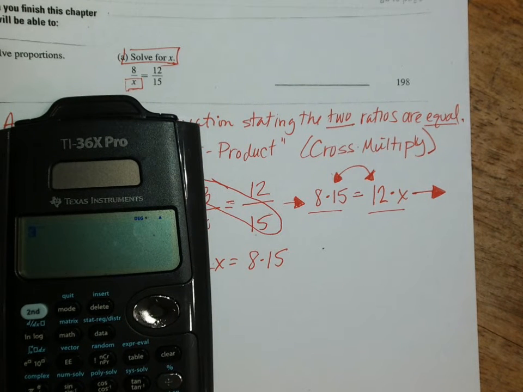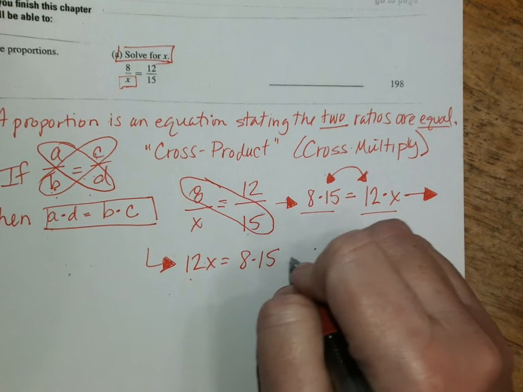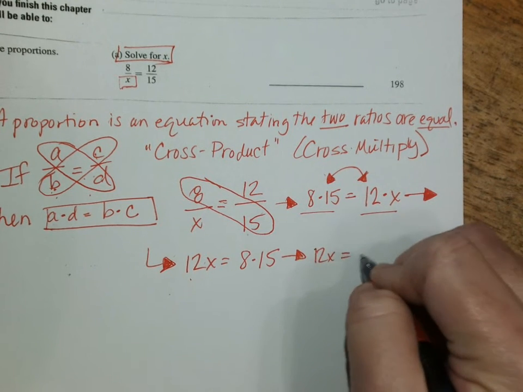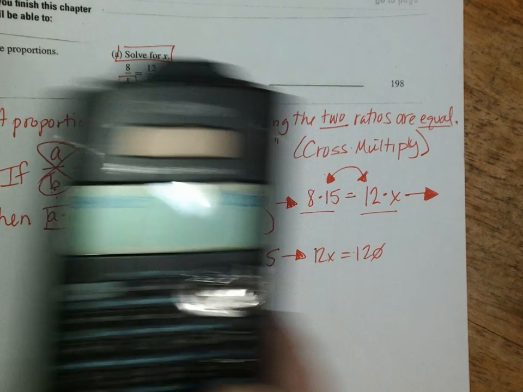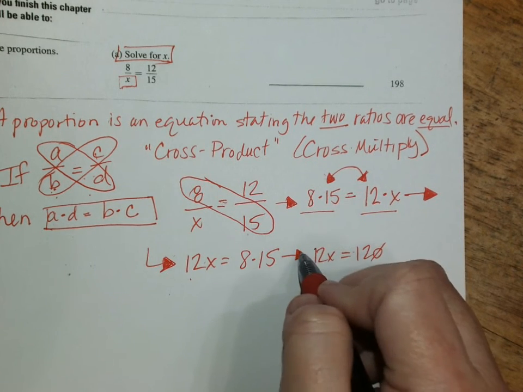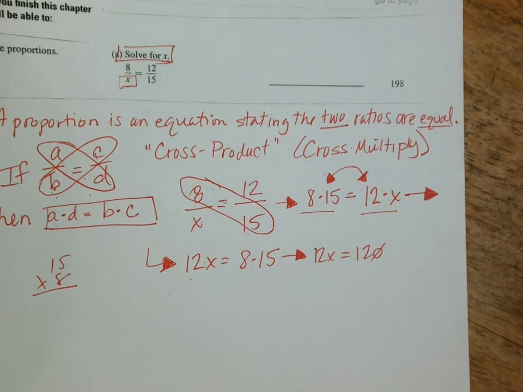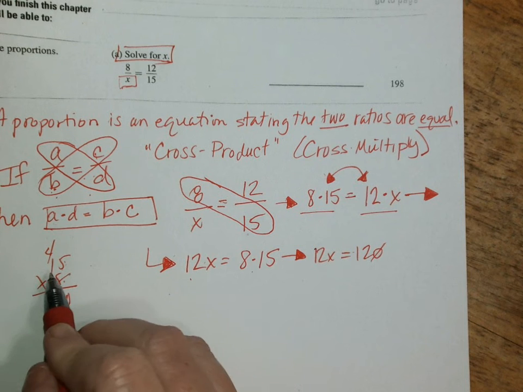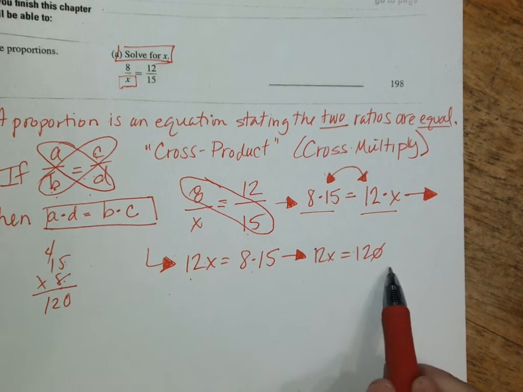So I'm going to rewrite this, and I'm going to say that 12x is equal to 120, right? Just did it on my calculator, and even though I didn't write that out like you would have shown in your work, you didn't have to do all that. I just asked that you show me how you're setting things up so I can see your thought process and how you got to your final answer.